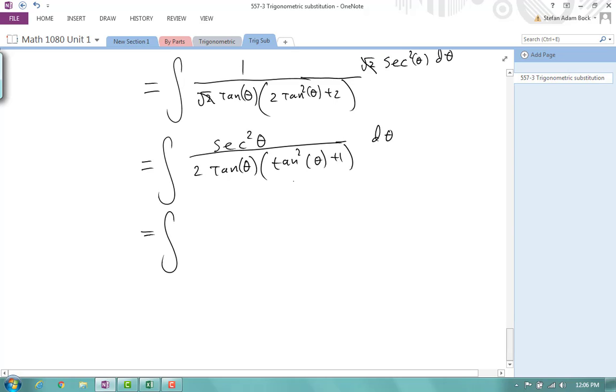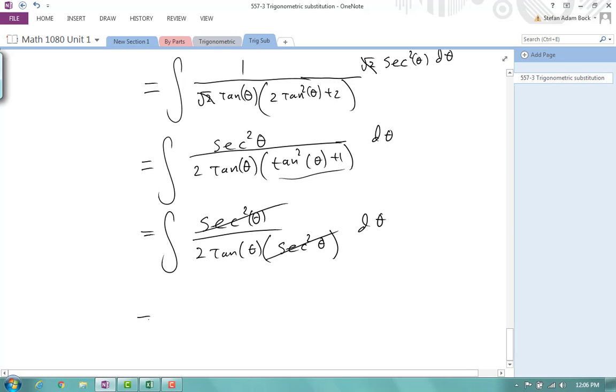So what we should do is use the identity to simplify this guy. Secant squared of theta here, and 2 tangent of theta here, and this turns into secant squared of theta by identity, d theta, and so these cancel. So in the end, I have the integral of 1/2 times cotangent of theta.